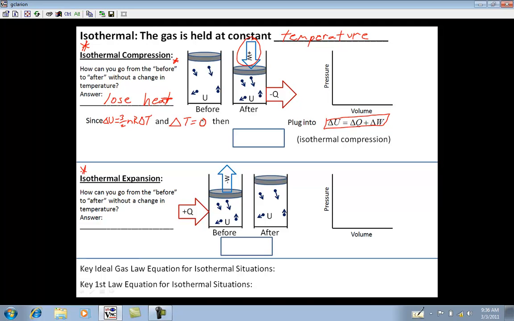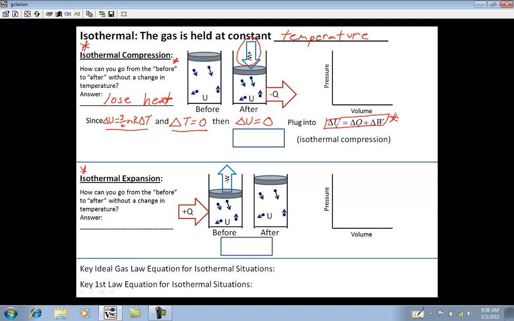It's going to be 0. Then that means delta U has got to equal what? Delta U has got to equal 0. If delta T equals 0 and delta U depends on delta T, then delta U has got to be 0. So what does that imply to our first law? What does that do to our first law of thermodynamics?